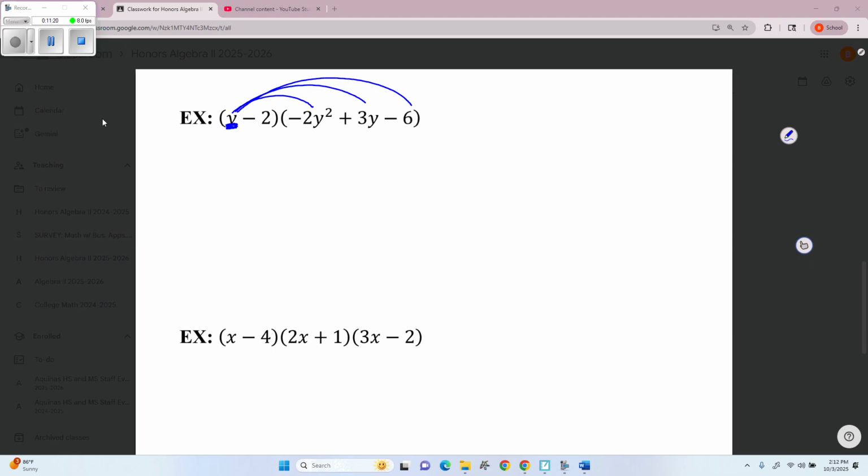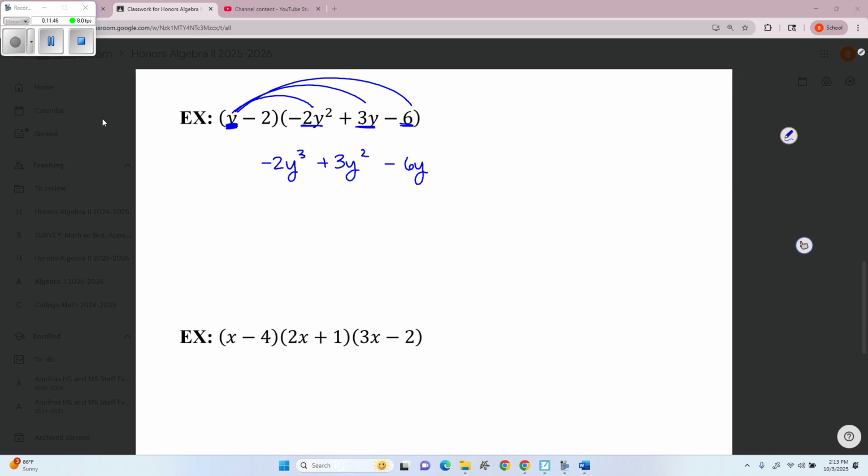So let's do this one step at a time. Y times negative 2y squared is negative 2y cubed. Y times our second term over here, so y times positive 3y is a positive 3y squared. Y times negative 6 is a negative 6y.